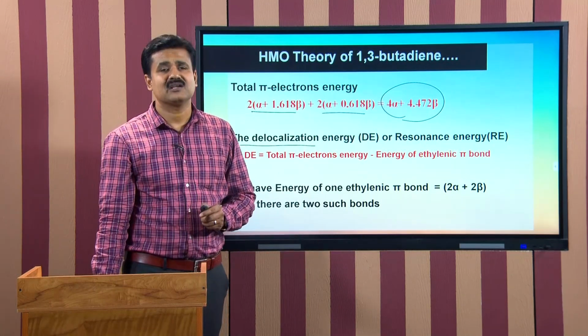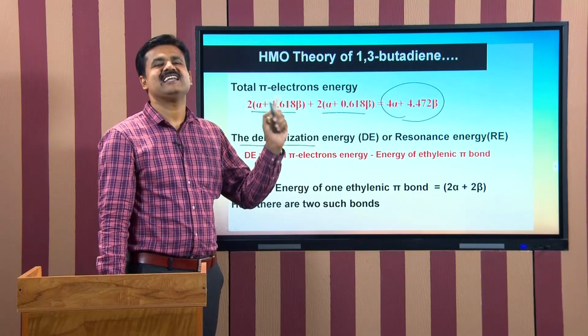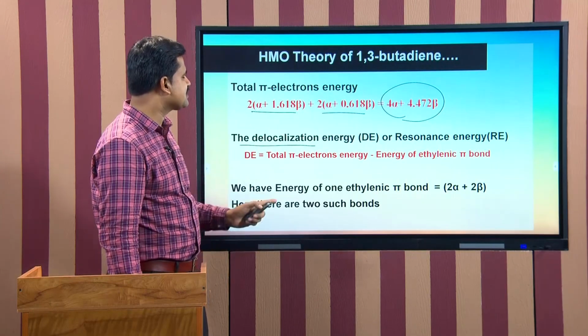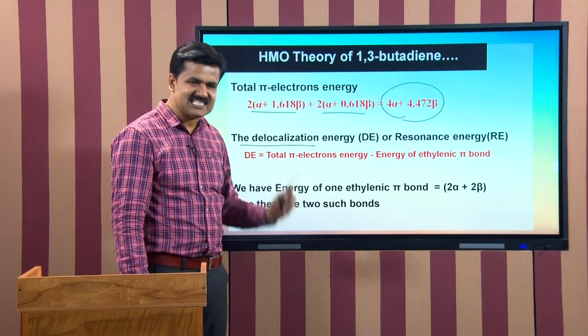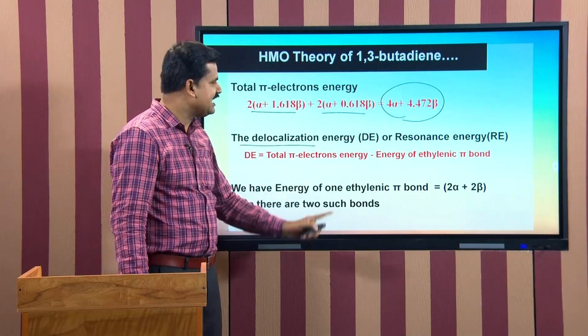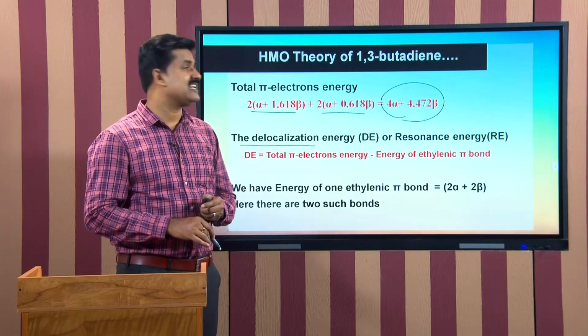Now we are going to evaluate a very important parameter based on Huckel molecular orbital theory, called the delocalization energy or resonance energy. It can be calculated using the expression dE equal to total pi electron energy minus the energy of the ethylenic pi bond. What is meant by the energy of the ethylenic pi bond?